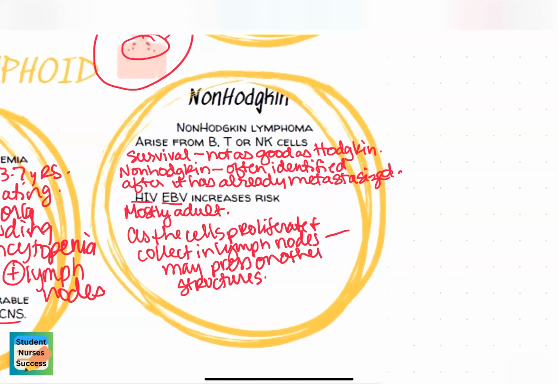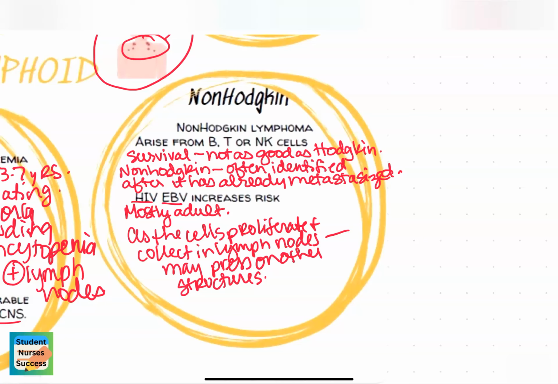So, if these are kind of proliferating and developing these large masses in the lymph nodes inside, like your thoracic cavity, it can actually press on your superior vena cava, causing problems with blood pressure control. It can wrap around your esophagus. It can press on your spinal cord and cause leg pain.